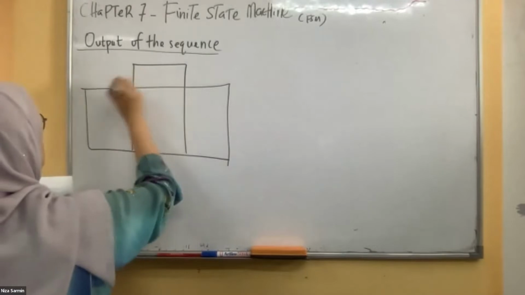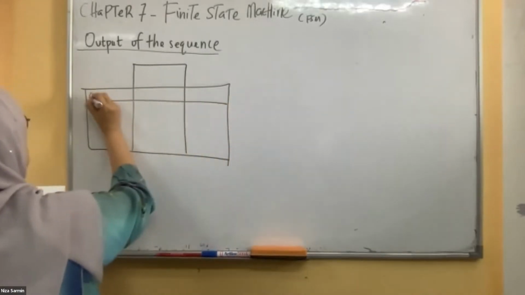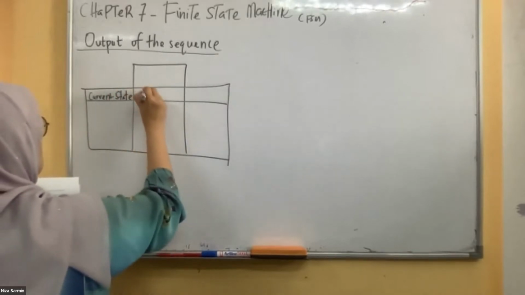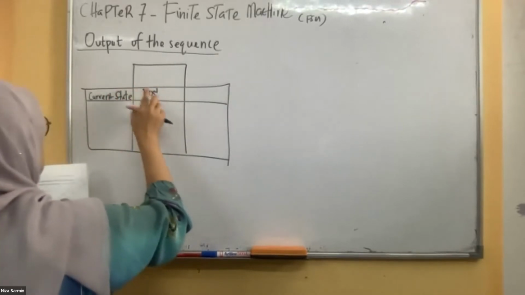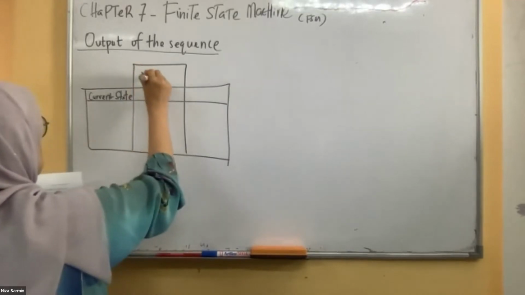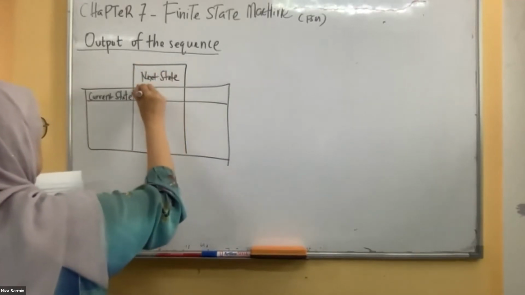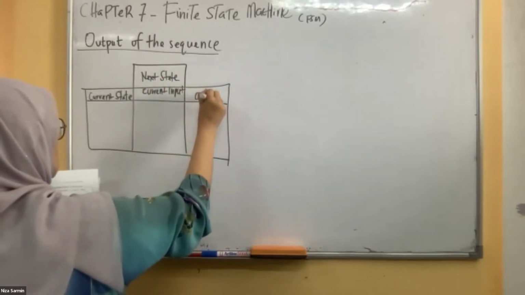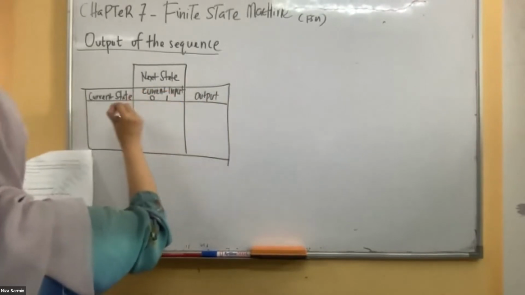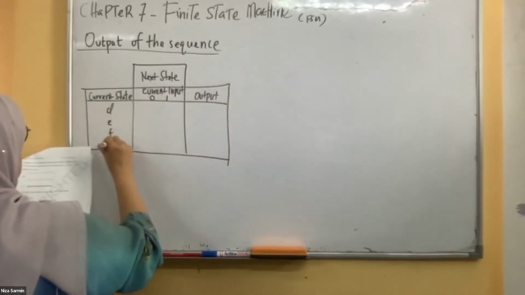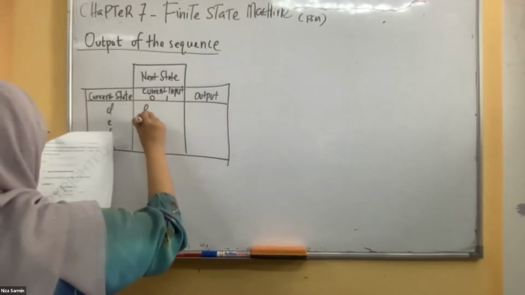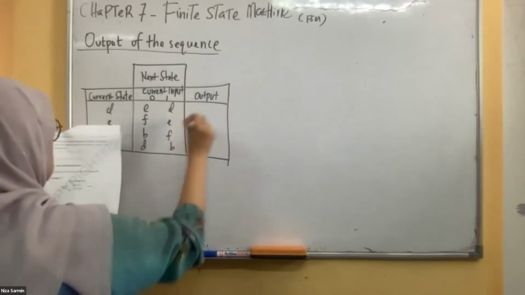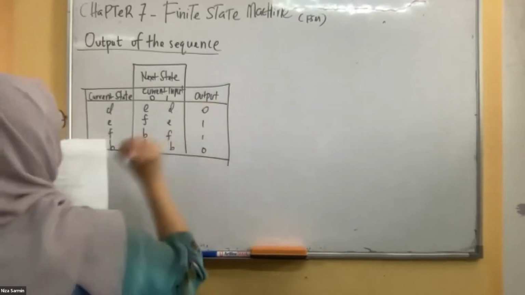Okay, so tadi apa? Current state ya. I have to show you from this table. Next state, current input, then output. Just now it's D, E, F, D, E, F, D, D, D, E, F, D, with outputs 0, 1, 1, 0.